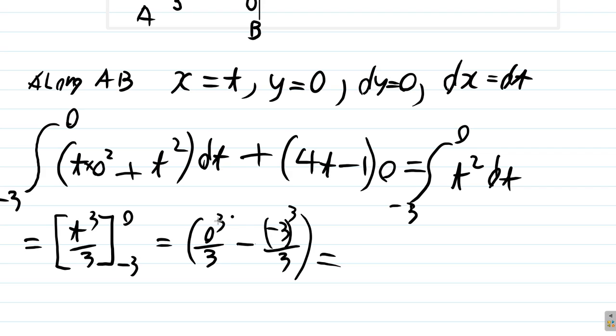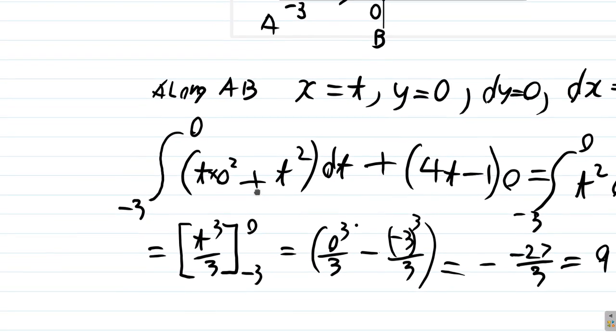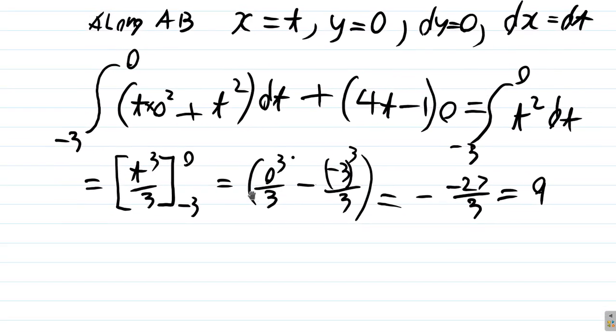This part is 0, so you have negative, but then -3 cubed is -27 over 3. The negative and the negative multiply to give you positive. So 27 divided by 3 is 9. Okay? So along AB, you get 9.